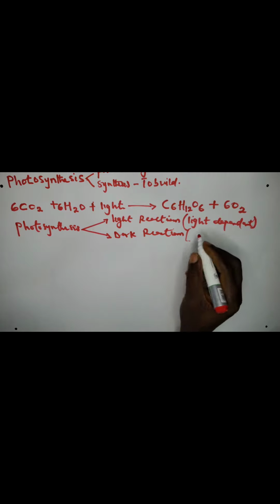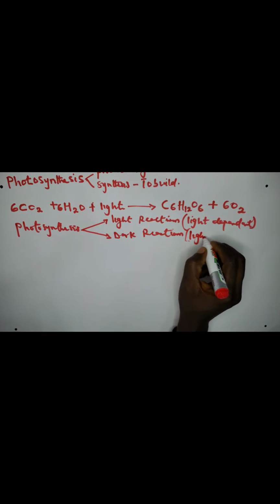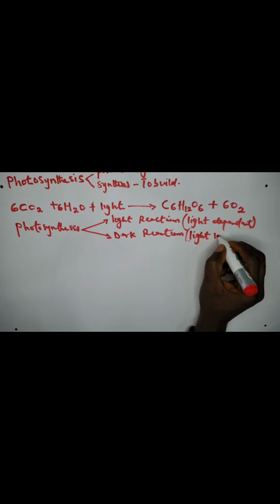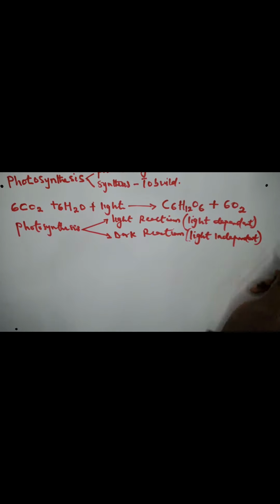No. So we can, in other words, say it is light independent stage. It means it does not necessarily need light to take place. Either there's light or not, that particular stage will actually occur.